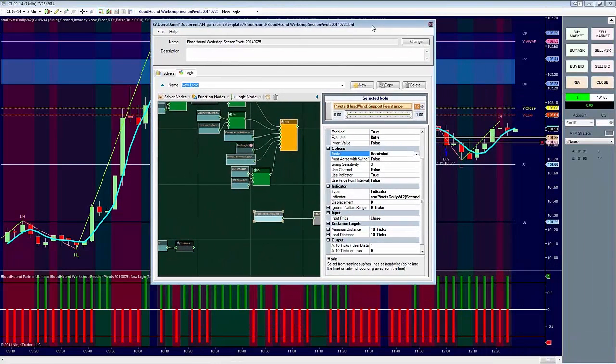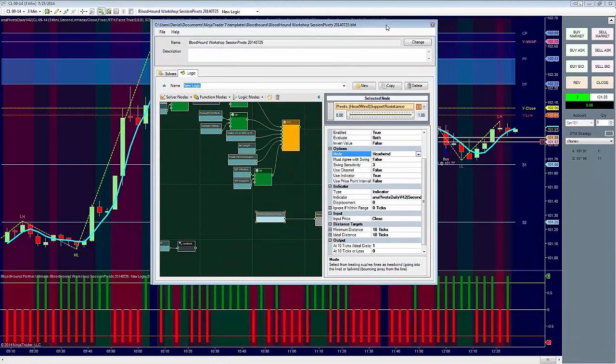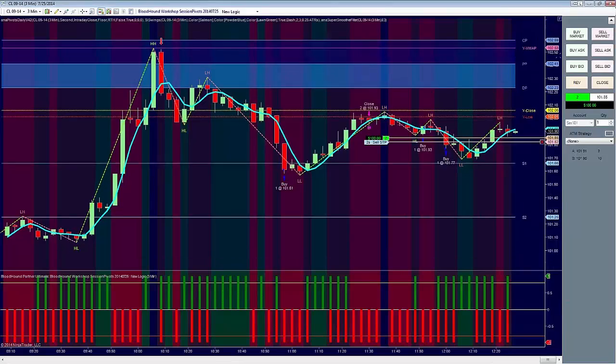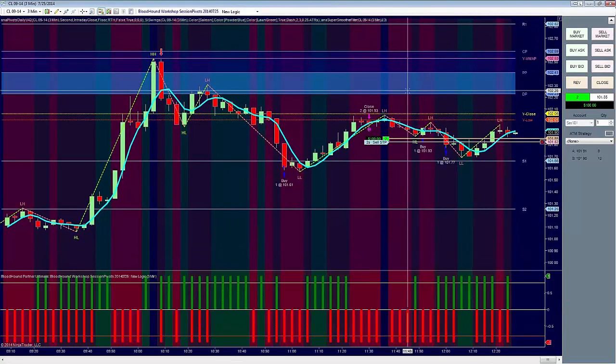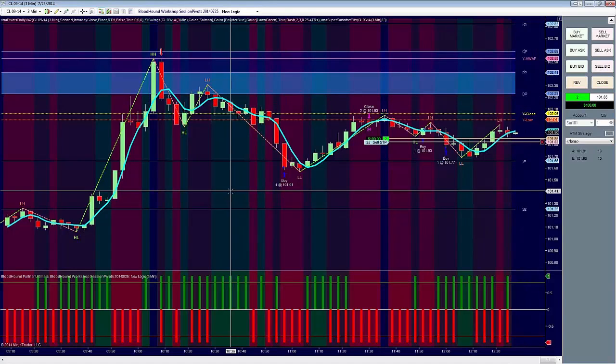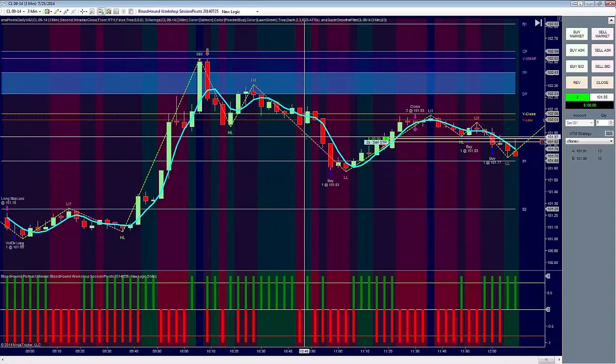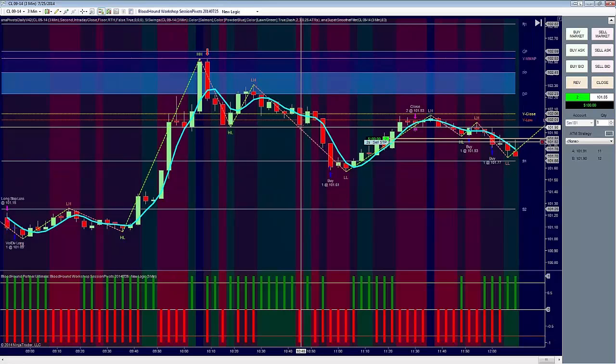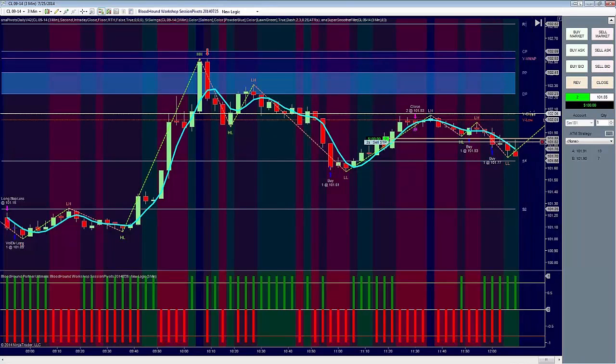And let's see, let's do this. Let me show you how this is working. So remember, we have everything but this DP built into the support resistance solver right now. So right here, remember we're using 10 ticks. Right here we have yesterday's close and yesterday's low. And we're using both of those lines.